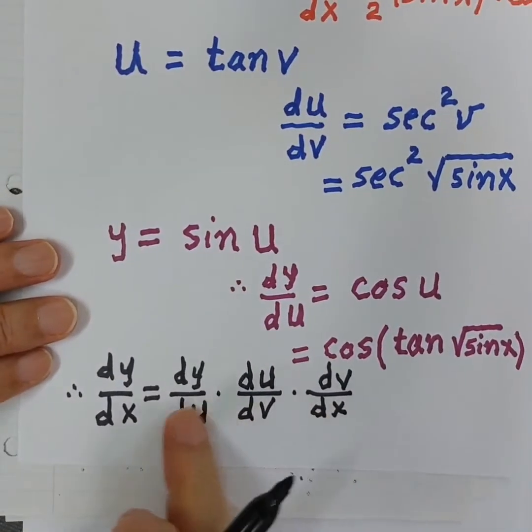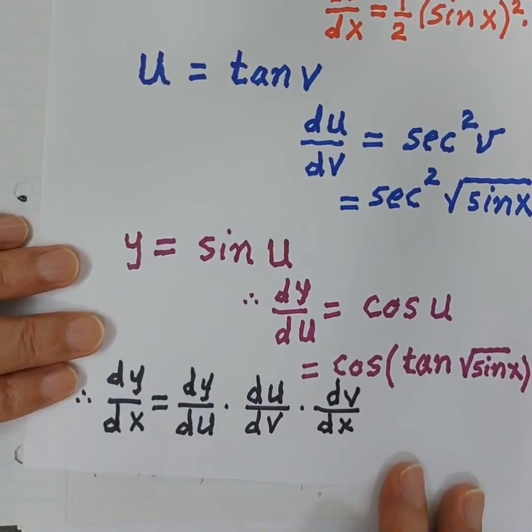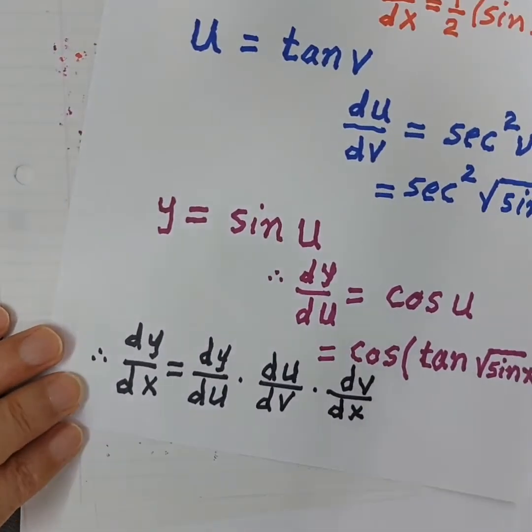By multiplying those, which is the same result here, we will find the final result.